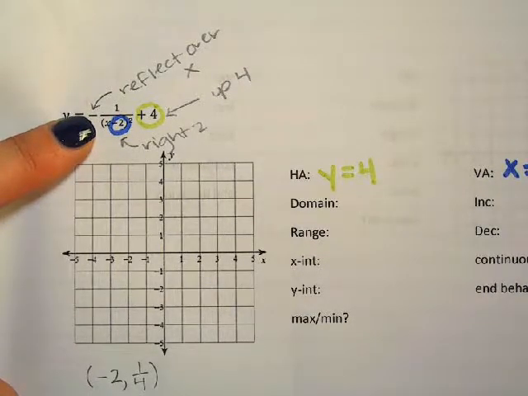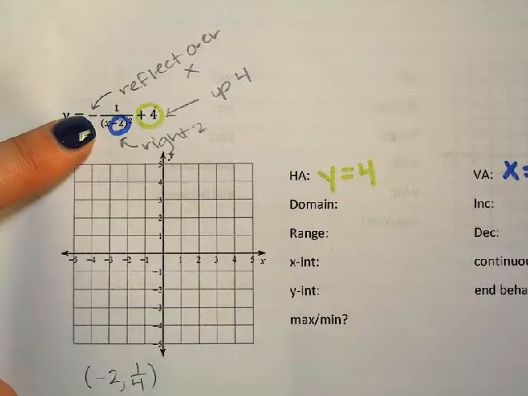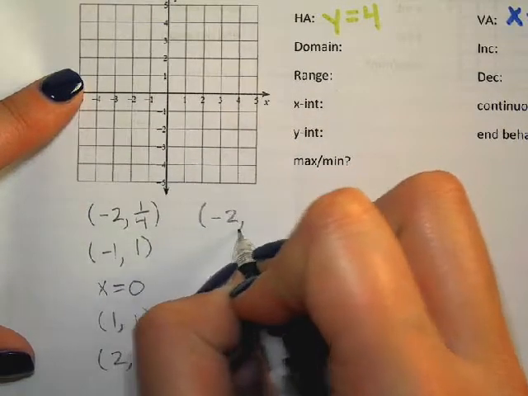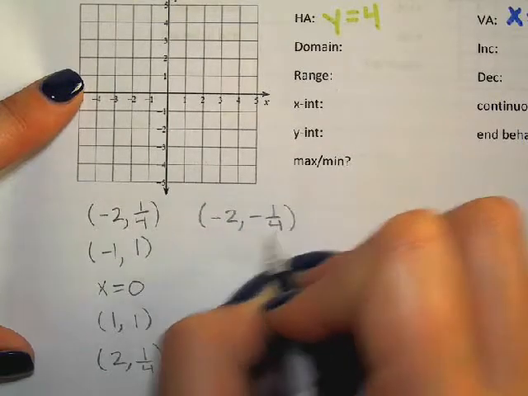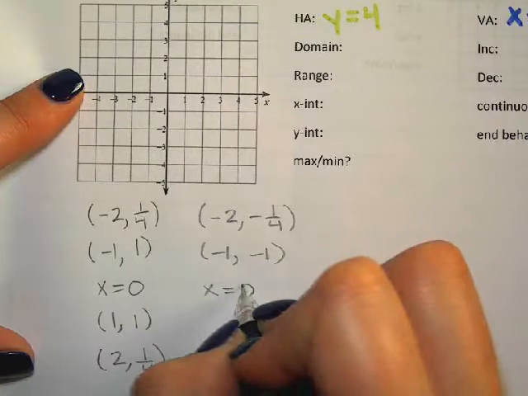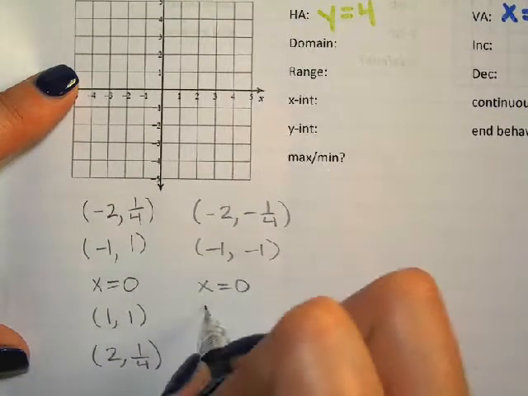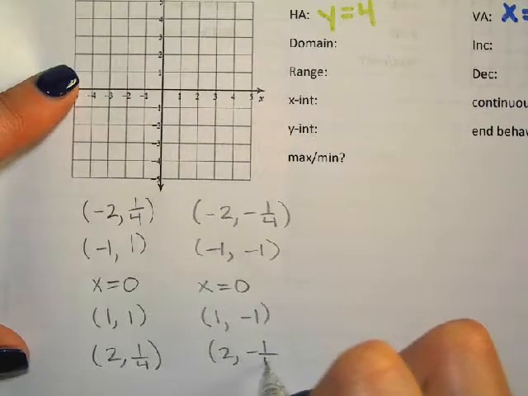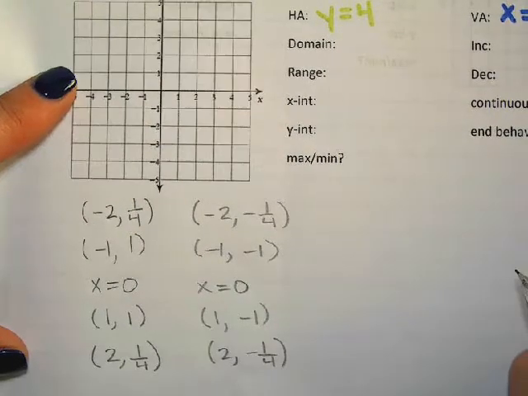Change the sign of the y coordinate, because if it was up, it's going to flip so it's down. So we're going to change the sign of the y coordinate. So -2, -1/4, -1, -1. Vertical asymptote doesn't do anything when you reflect over x. So I change the sign of all my y coordinates.